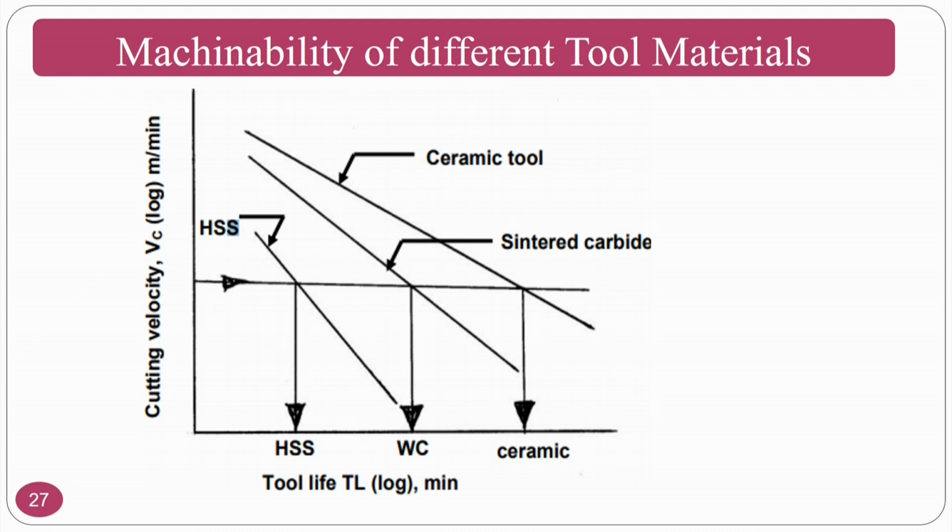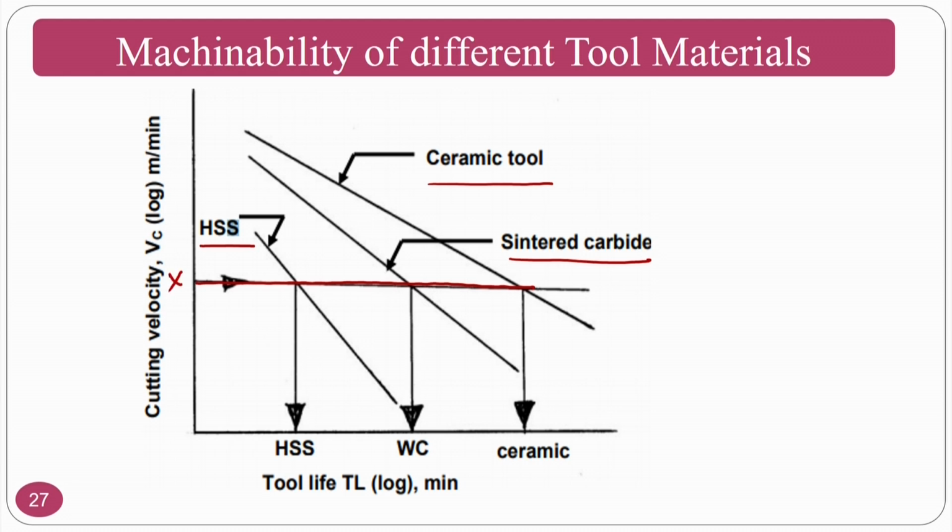Okay, if you see the different materials, the ceramic tools, sintered carbides and HSS, if I take 1 hour as my tool life, or if I want to check for a particular cutting velocity, I can just drop a line.